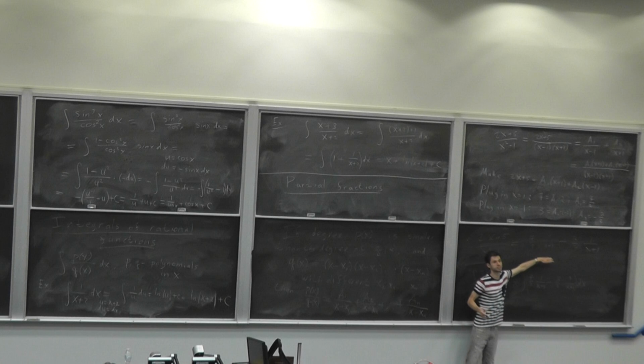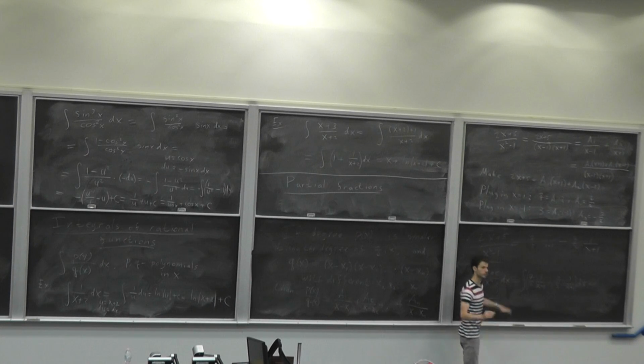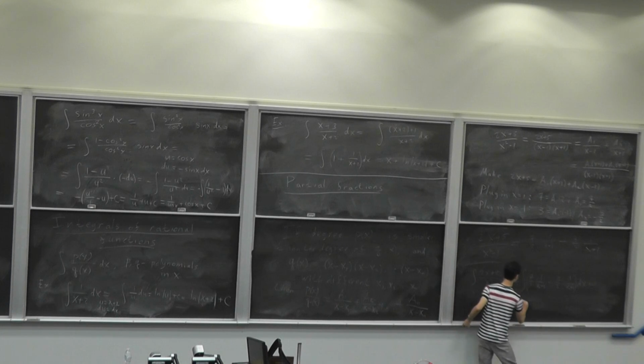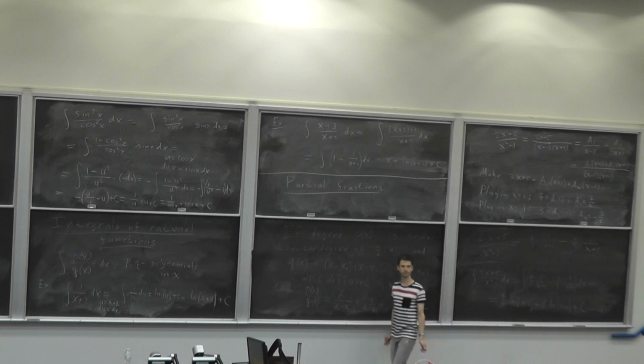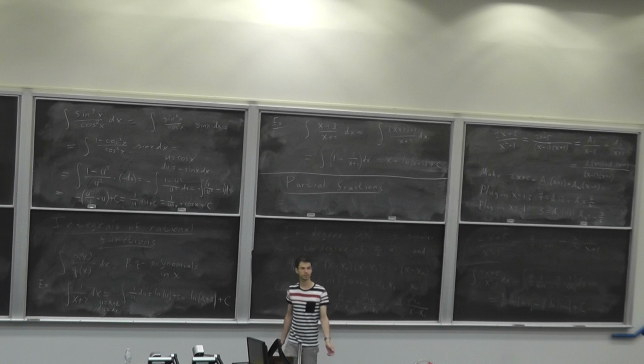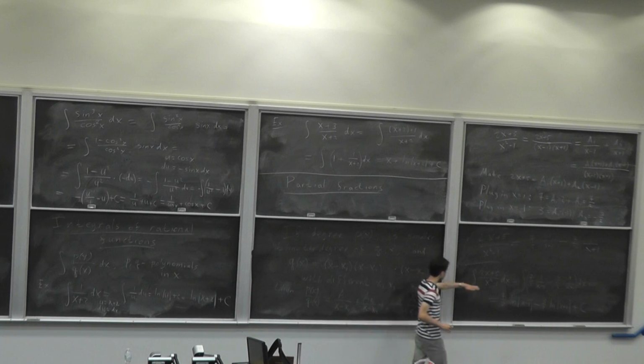This thing is exactly the same thing. But in this form, it's quite obvious what it is. It's 7 halves times the log of x minus 1, minus 3 halves times the log of x plus 1. So what this representation allows you to do is integrate.